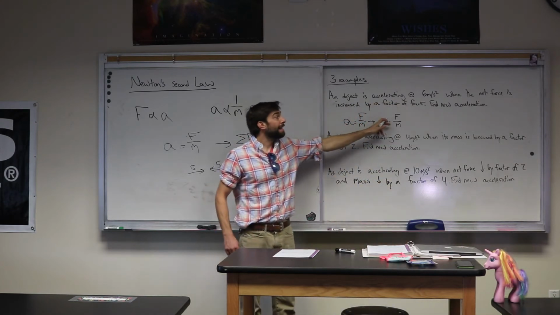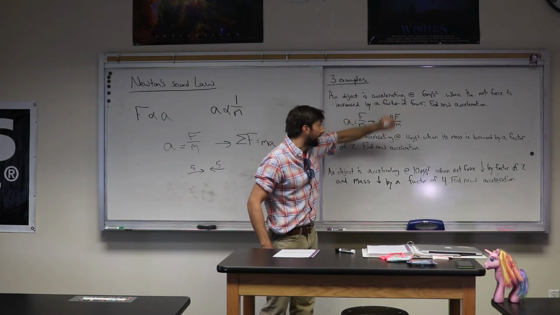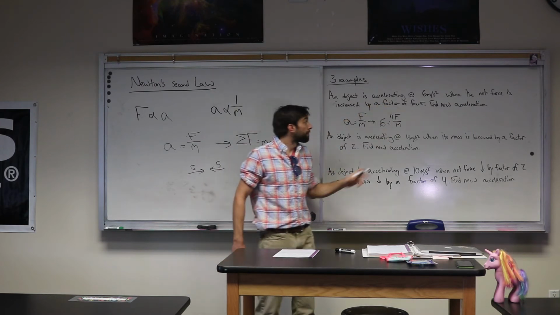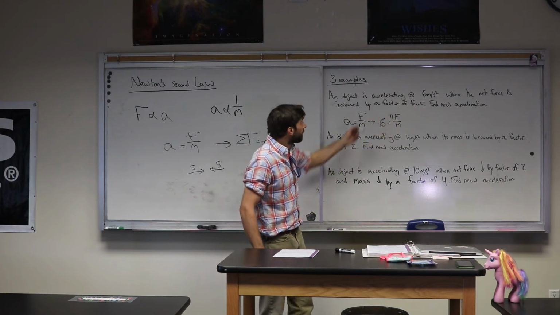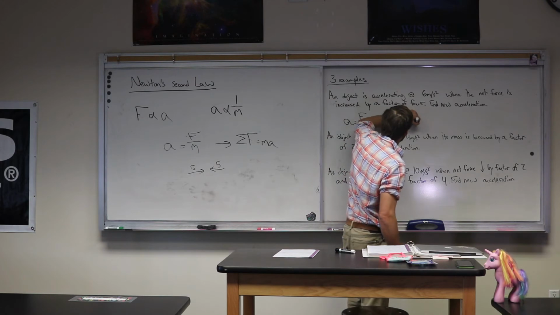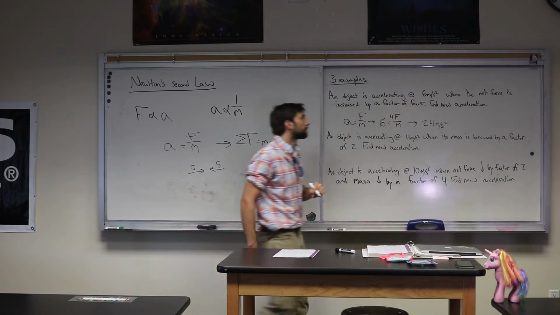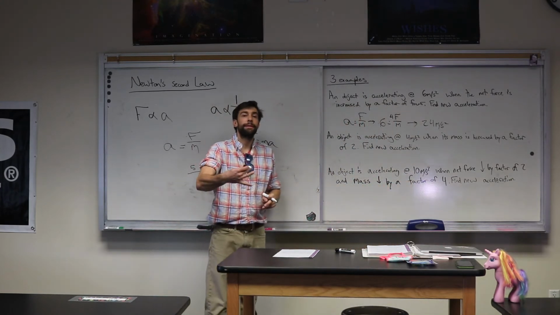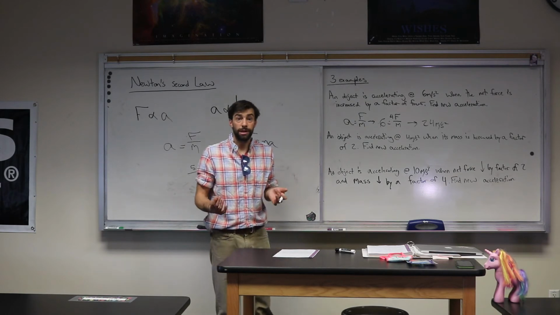Well, if I multiply force by 4, whatever the force is, I have to multiply this side by 4 as well. So my new acceleration is going to be 24 meters per second squared. So I increase the force by 4 times, my acceleration increases by 4 times.